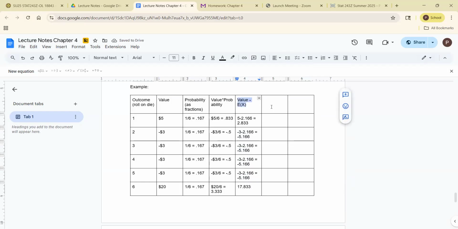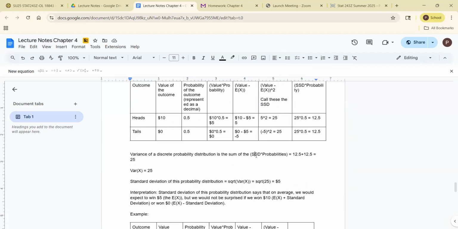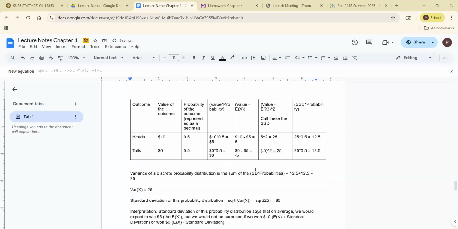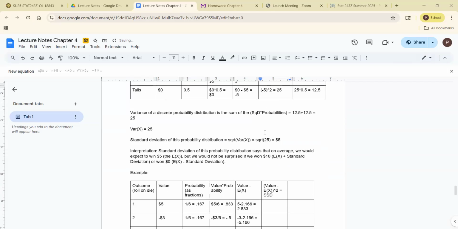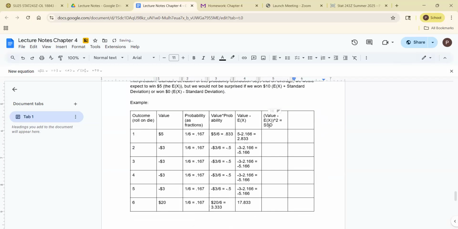And now we're going to square all of these, value minus expected values, which we called our squared distances. I'm sorry, it's not sum of squared. I'm going to call it SQD, square of the differences.